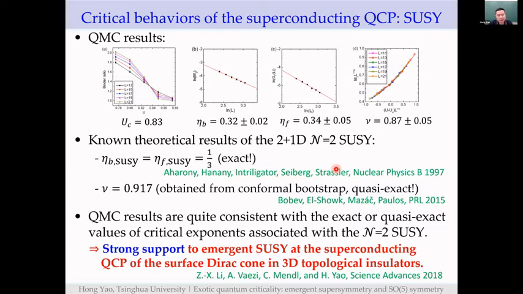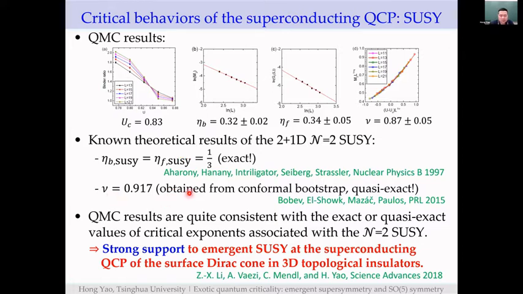Moreover, the value for this particular supersymmetric critical point is 1/3, which is known exactly from this work. And our numerical result is actually quite close to the theoretical prediction of 1/3, which is good.